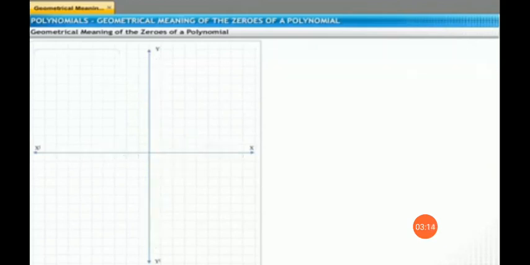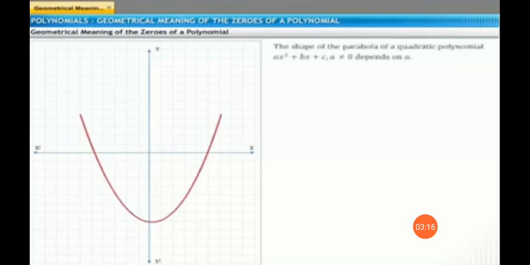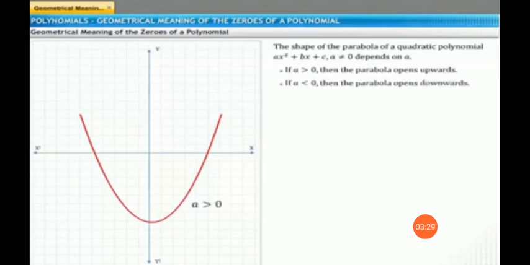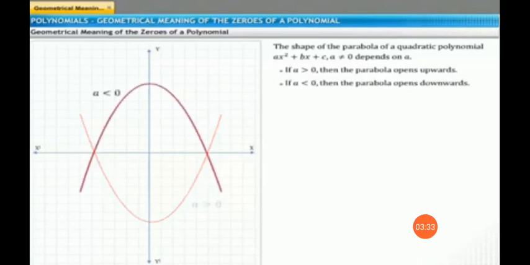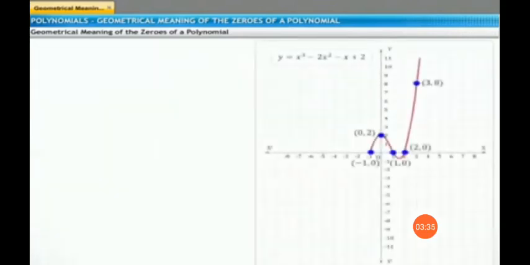Understood? Similarly, the shape of a parabola is known as a quadratic polynomial and its shape depends on a. If a is greater than 0, it opens upwards, and if a is less than 0, then the parabola opens downwards.